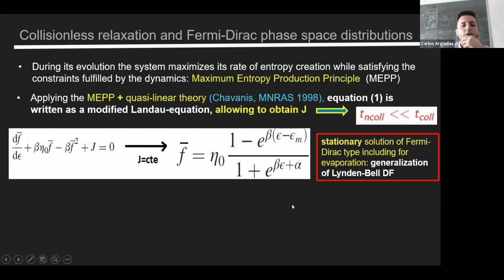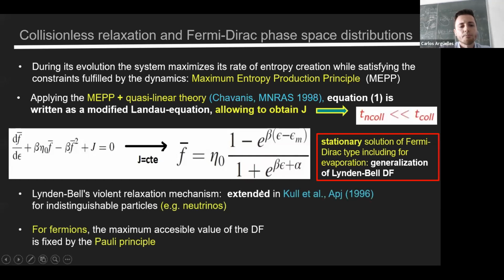Interestingly, this stationary solution is a generalization of the traditional Lynden-Bell distribution function found in the beautiful work of '67 about violent relaxation, including particle evaporation. As you may remember, the Lynden-Bell theory was developed for classical particles, but it was extended also to include indistinguishable particles, such as neutrinos or fermions more generally.